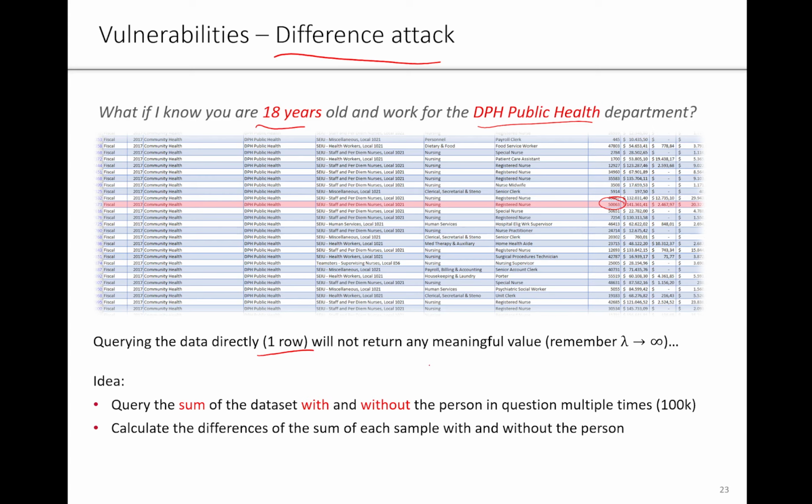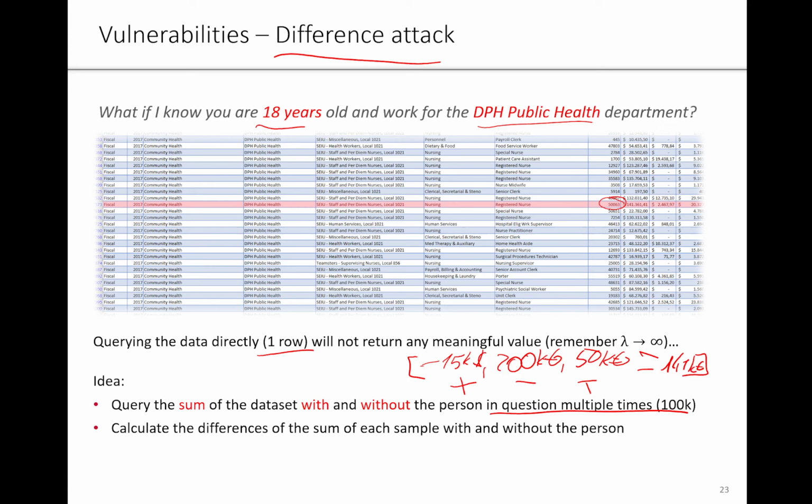The first time you find out, okay, she's receiving, I don't know, minus 15,000 K a year. The next time you get 200,000 K a year or so. The next time it's 50, the next time it's something else. So if every query applies this kind of noise individually, and you question the same person multiple times, 100,000 times or so, then obviously these random pluses and minuses will even out as well, and you will get the correct result.